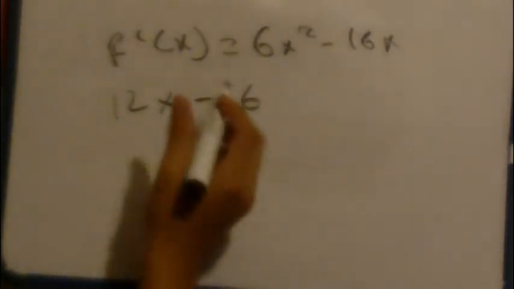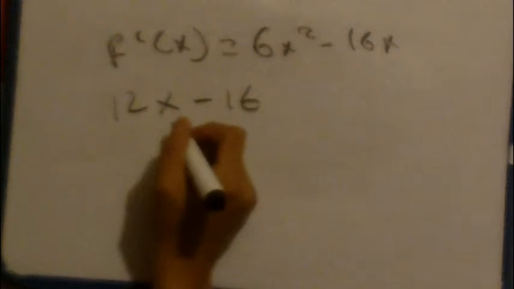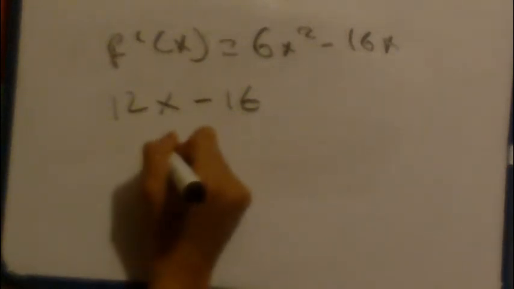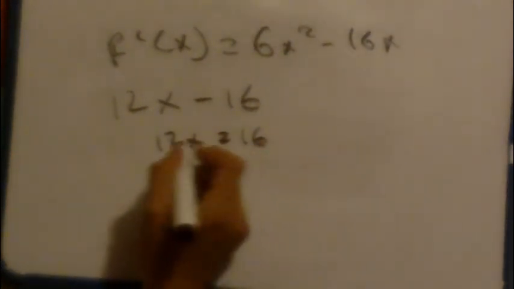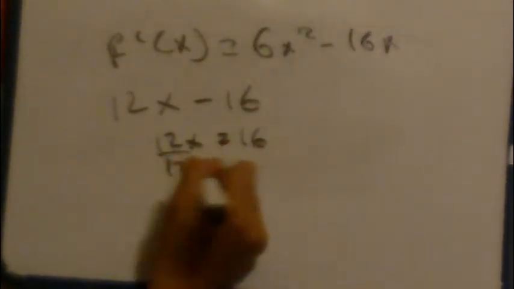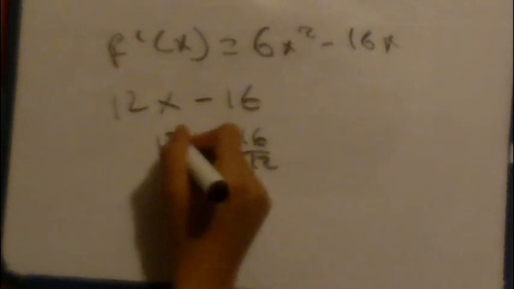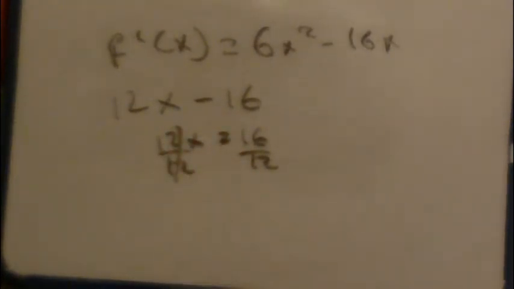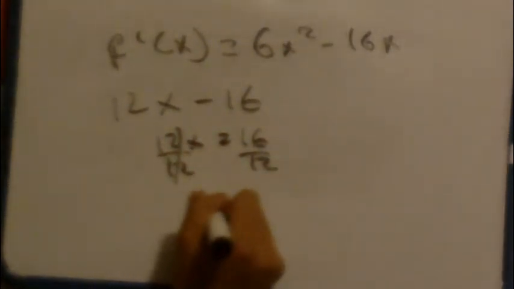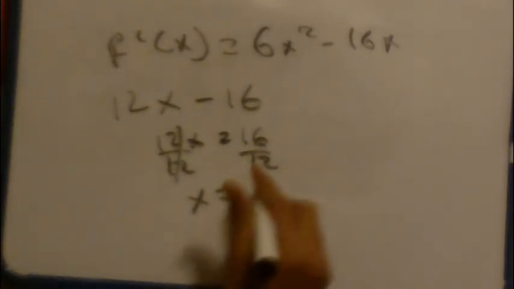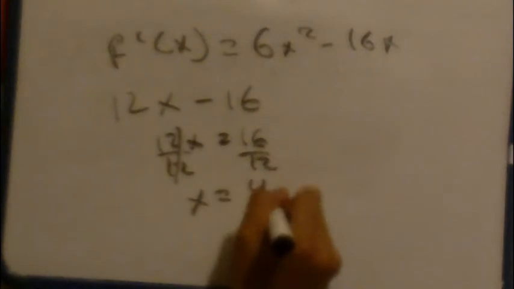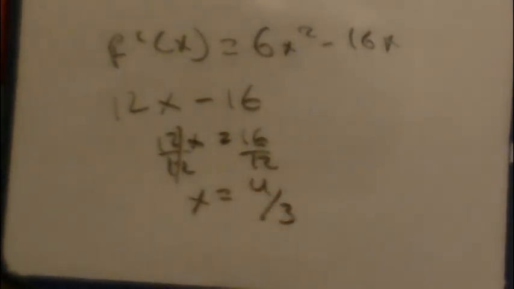We figure out a critical point, and it looks like it's 12x equals 16. So it's 16 over 12. I think we could simplify that a bit. x equals 4 over 3.